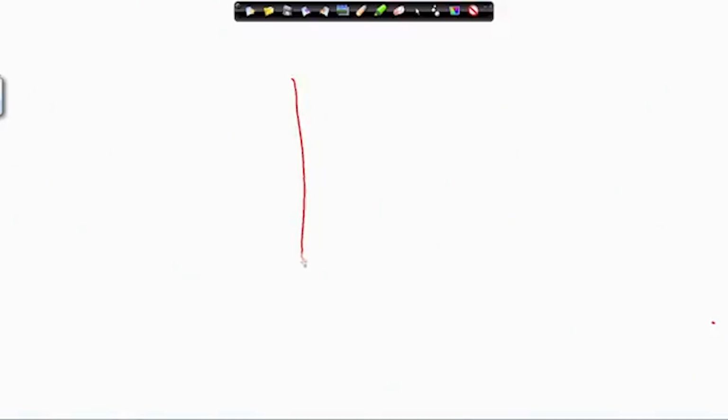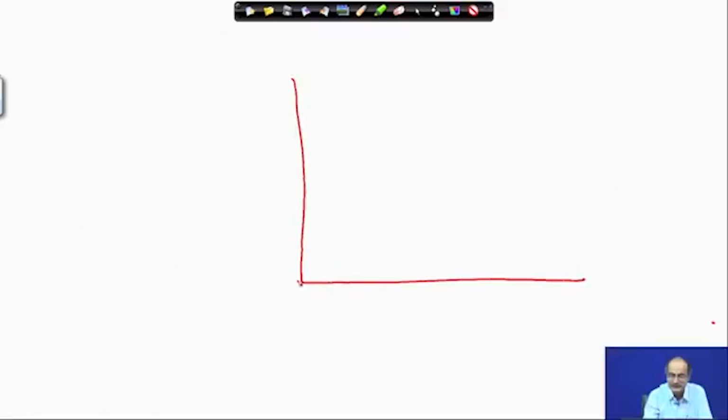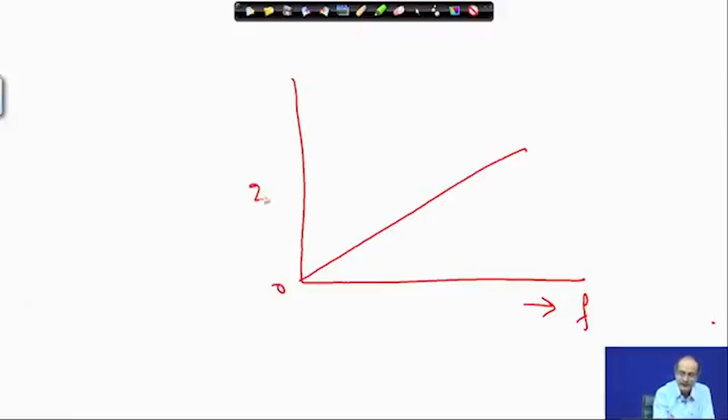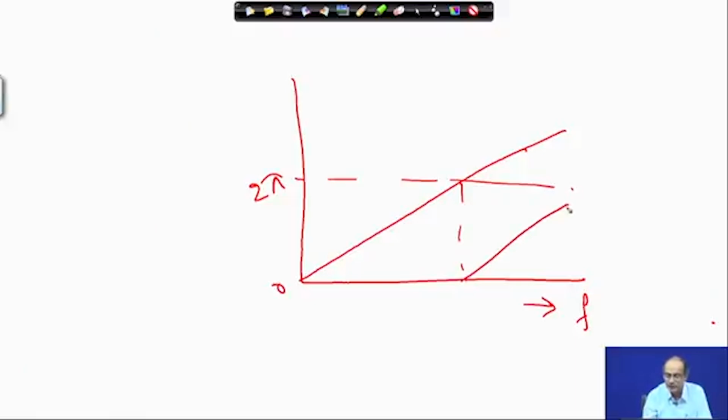Now, what actually makes so much difference? It is a very simple operation. Say the phase is changing linearly with respect to frequency, and if it goes above 2 pi, it gets truncated and starts again from here, and a discontinuity comes into play.